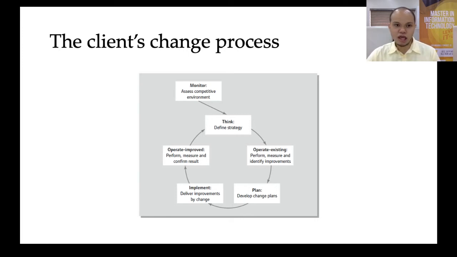And each and every client, each and every company would have a different way of really trying to define how change happens, or how change is accepted in that environment or in that organization. But for our purposes, we'll try to come up with a typical change process, which would be applicable for a grand majority of organizations. So there would be six steps here, or six phases in the client's change process.